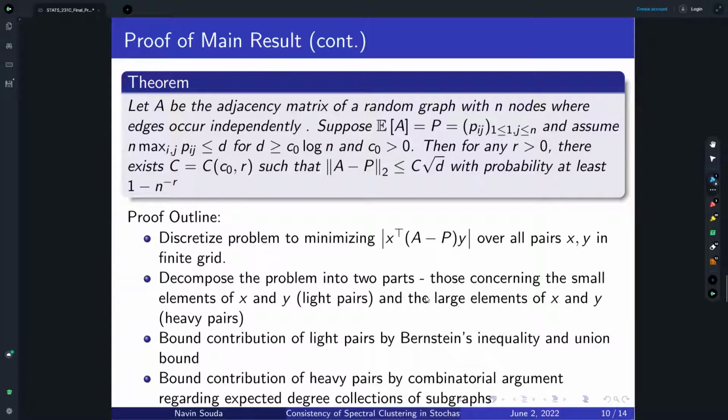The next theorem that we're going to need has to do with bounding the spectral norm.